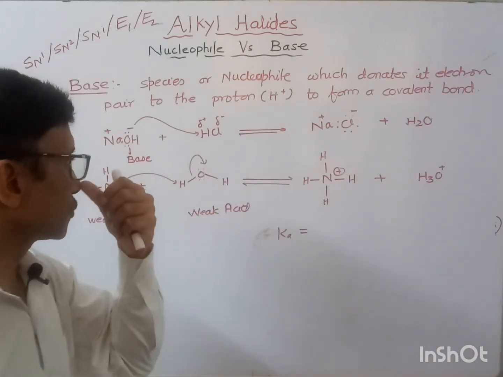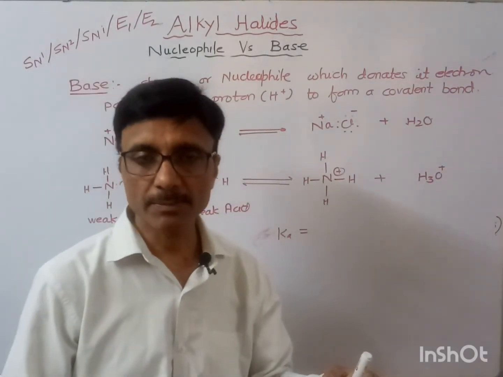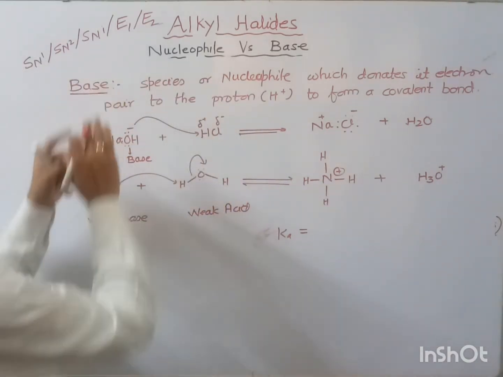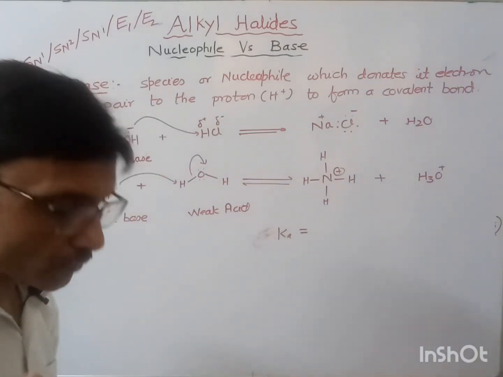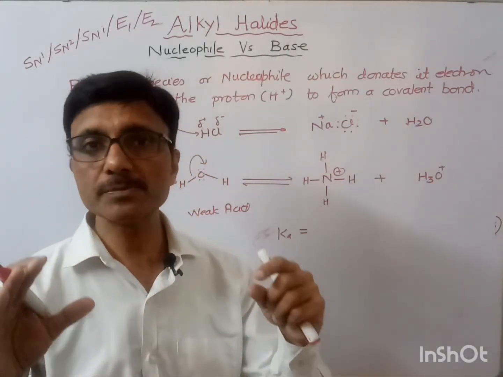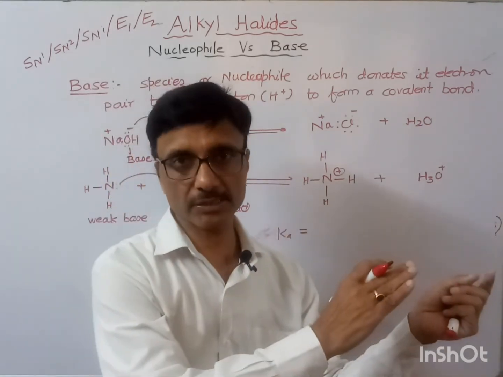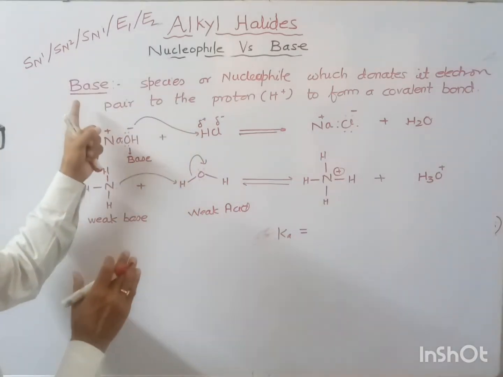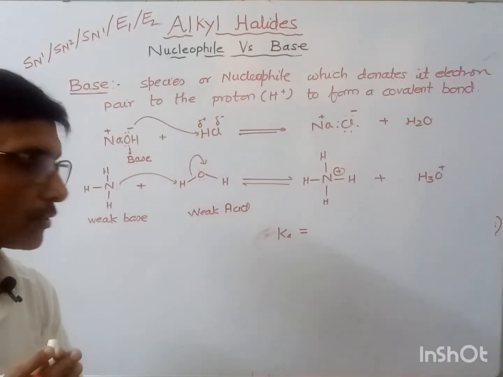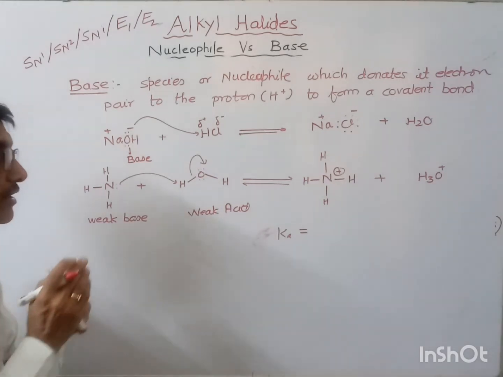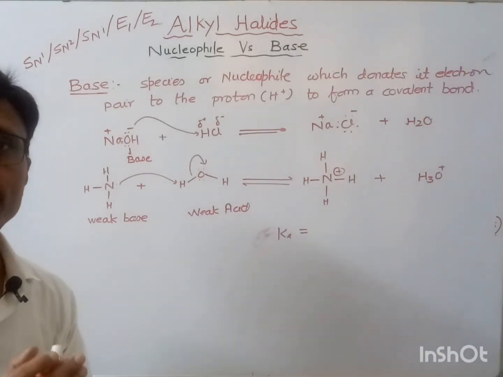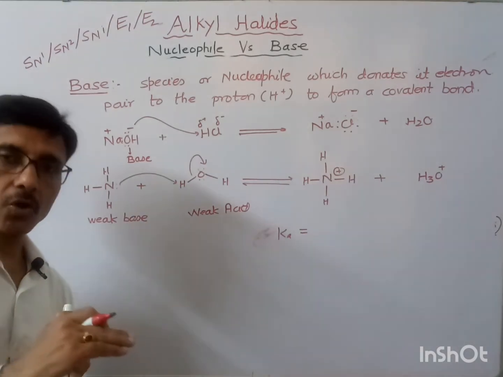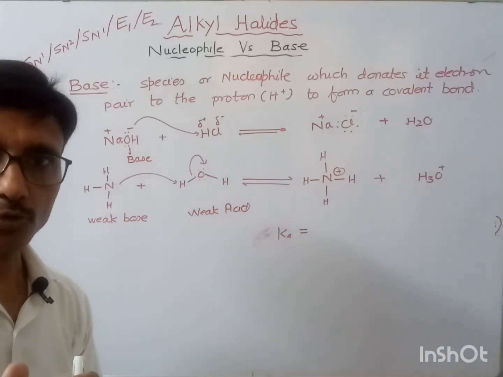A proton is lost here, or in some acid-base reactions, the gain of proton is involved. So the concept I told you earlier is that a nucleophile is a Lewis base. But when we talk about the base in acid-base reactions, the loss of proton and gain of proton is involved.